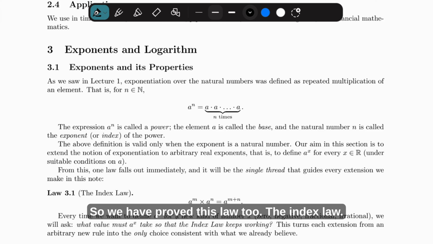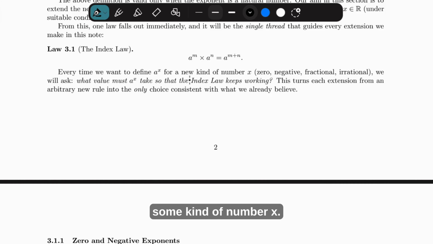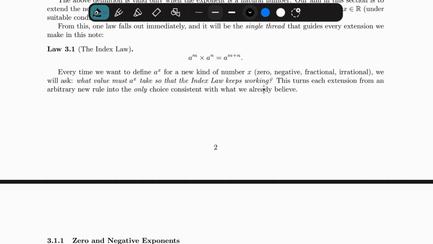This is the index law. Every time we define a to the power x for some new kind of number x, we ask what value a^x must take so that the index law keeps working.